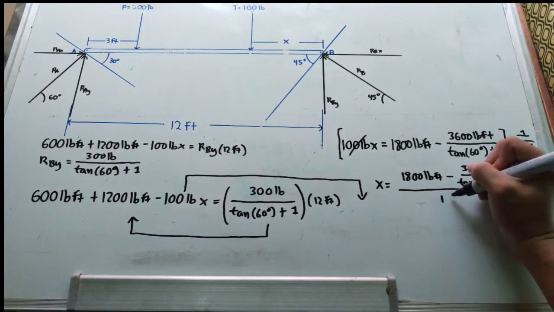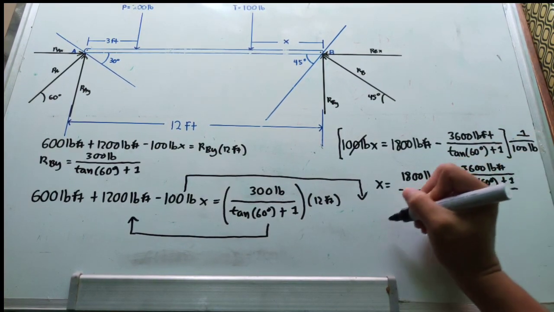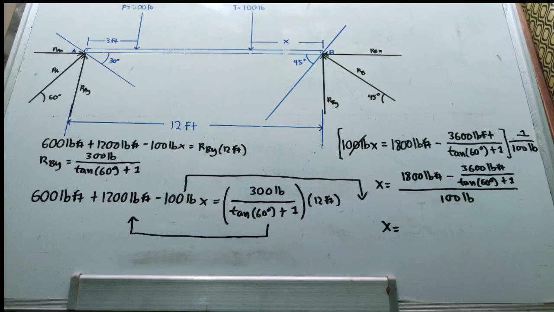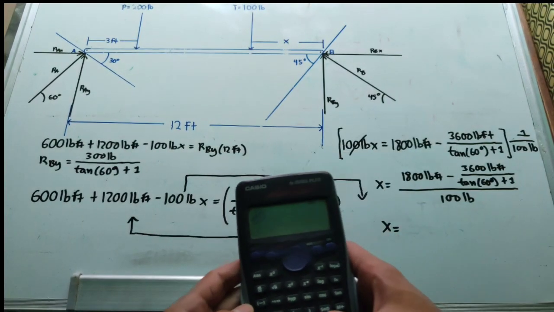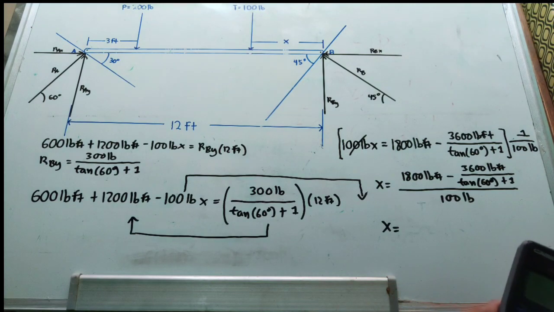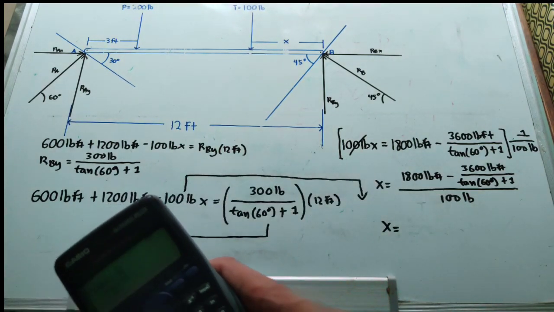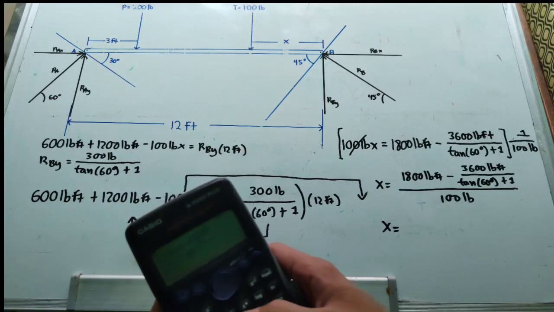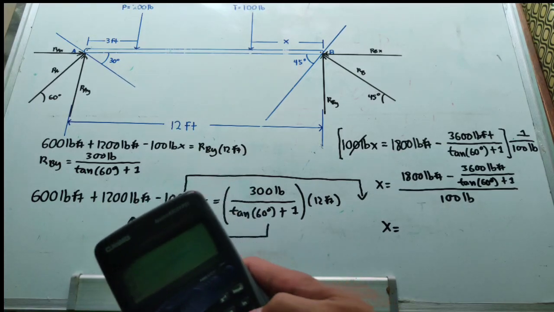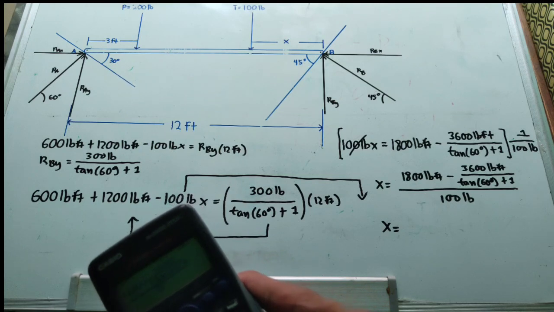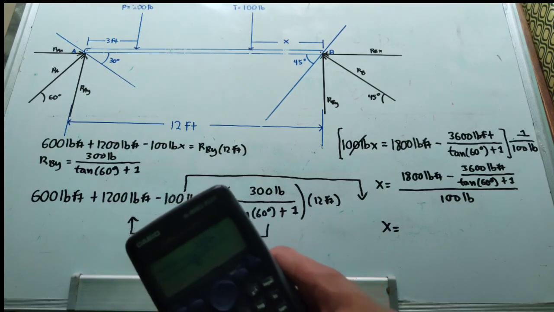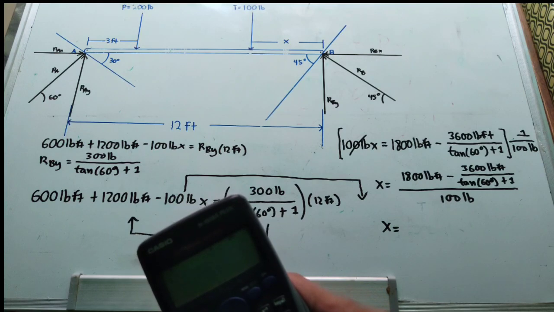all over 100 pounds. Now, taking out our calculator: 1,800 minus 3,600 over tangent 60 plus 1, over 100.